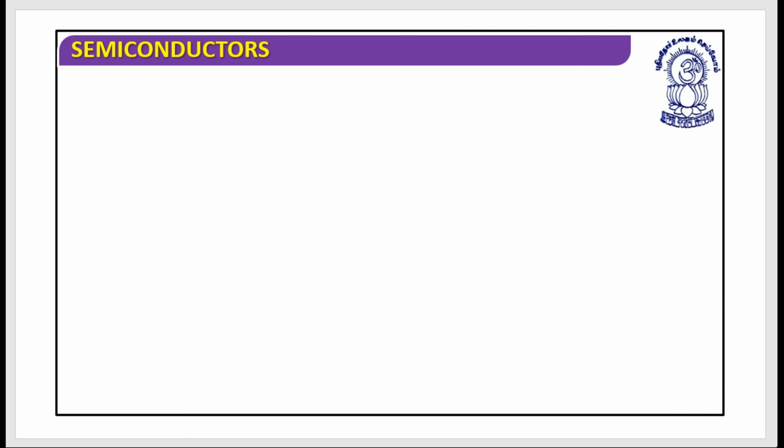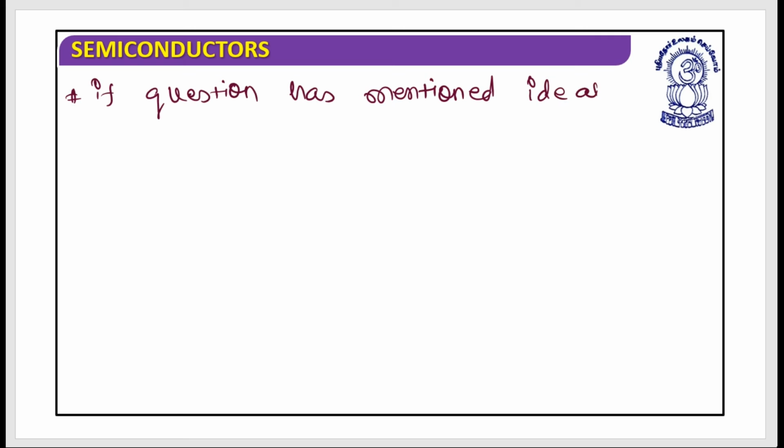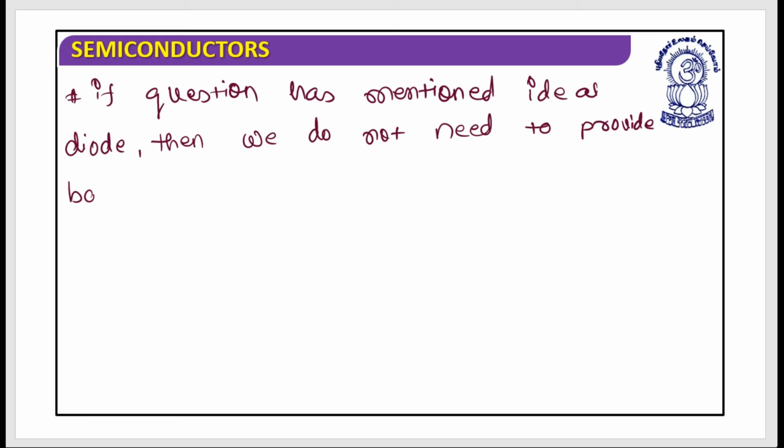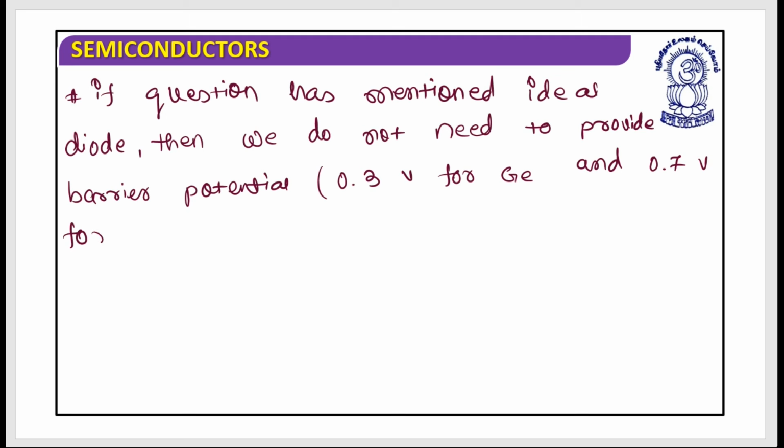One more thing I want to mention is that if the question has mentioned an ideal diode, then we do not need to provide the barrier potential, that is 0.3 volt for germanium diode and 0.7 volt for silicon diode.